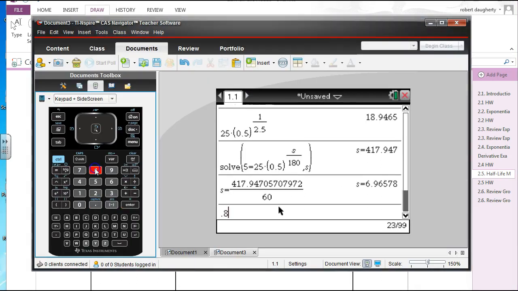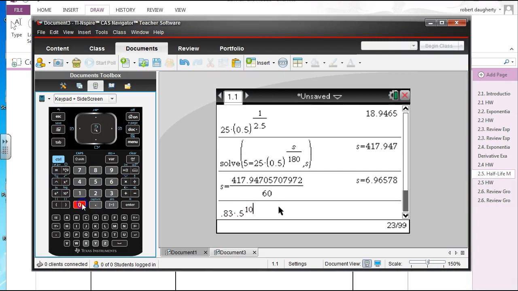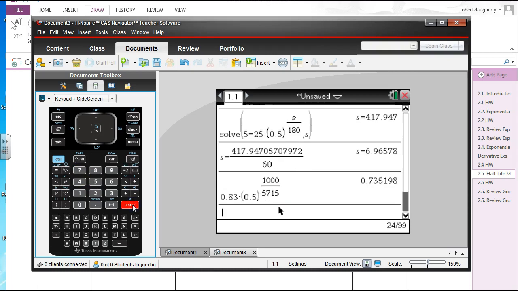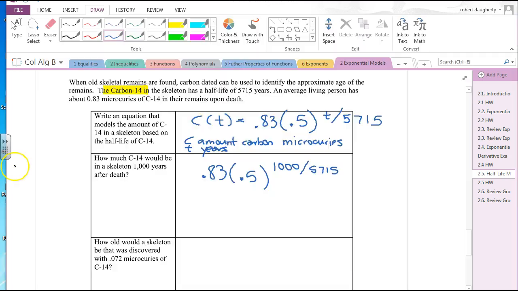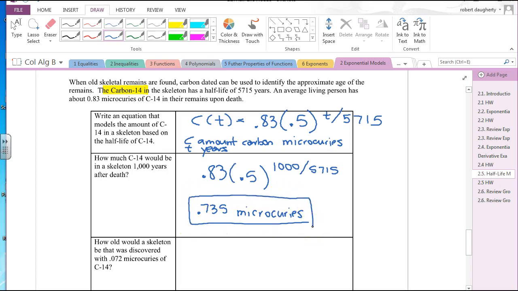So 0.83 times 0.5 raised to the 1,000 divided by 5715, that's 0.735, whatever a microcurie is. So you started out, the skeleton had 0.83. 1,000 years later, it's got 0.735 in the skeleton.